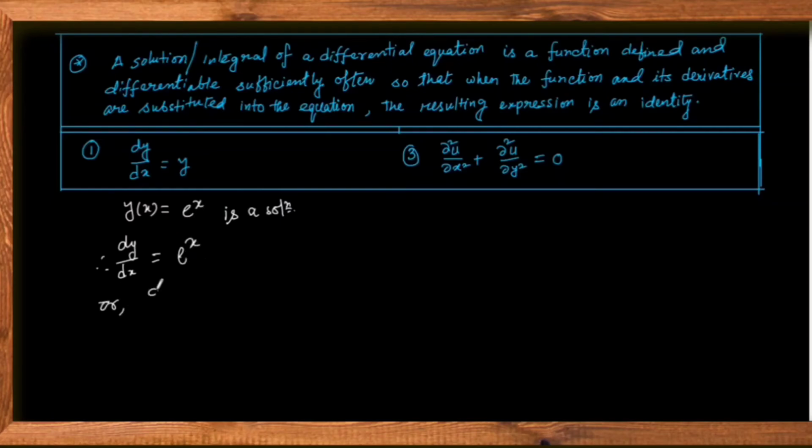So we can write dy/dx equals y. That means if we put the y value and the derivative value in the given equation, it is nothing but e^x on the left hand side, and on the right hand side e^x. That means it is an identity.